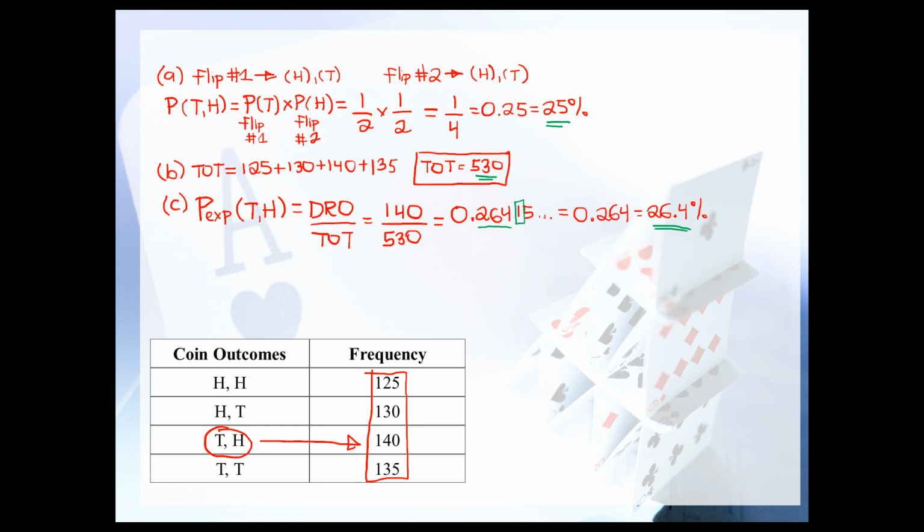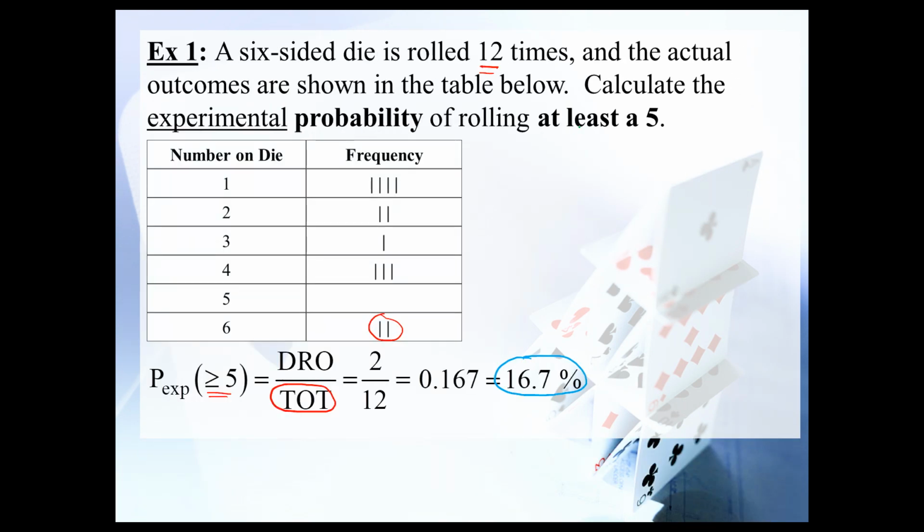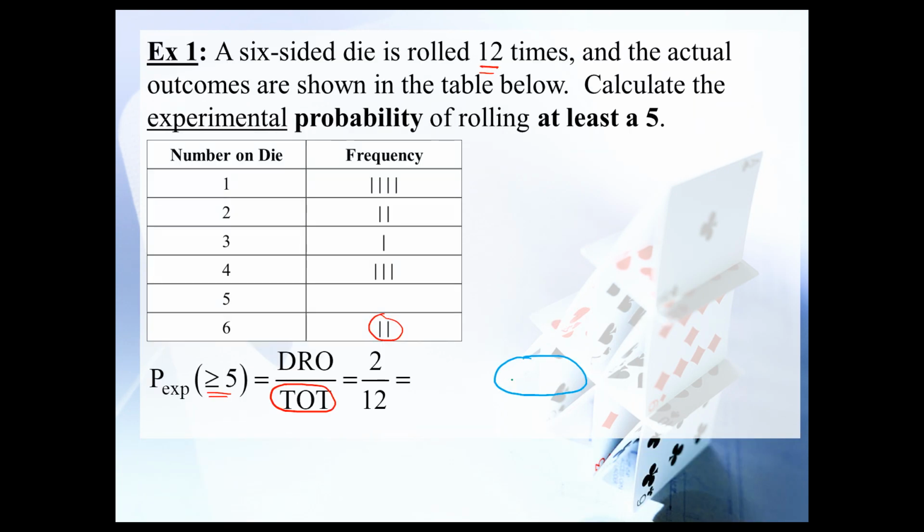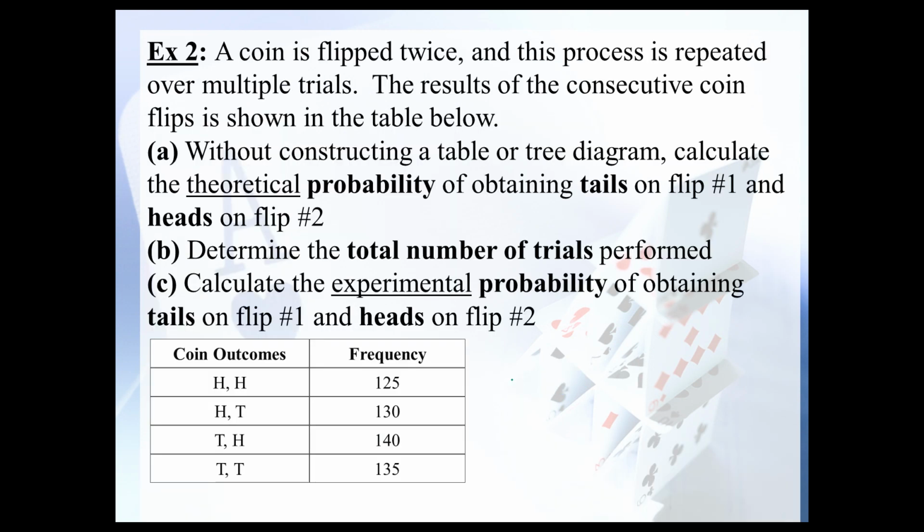The difference between 25% and 26.4% is only 1.4%. So by doing it a lot of times, I actually started to get my experimental probability closer to what it should be in theory, as opposed to over here, where we only did it 12 times, and my experimental probability was actually like half of what it should have been theoretically. Okay, so just an interesting thing to note about statistics is that meaningful data comes when you perform an experiment a lot of times. You need lots of collected data points.